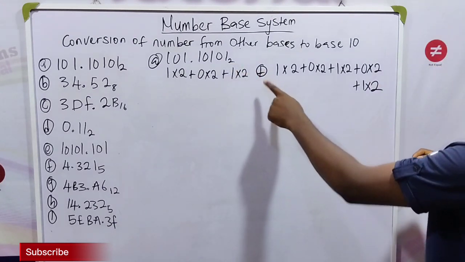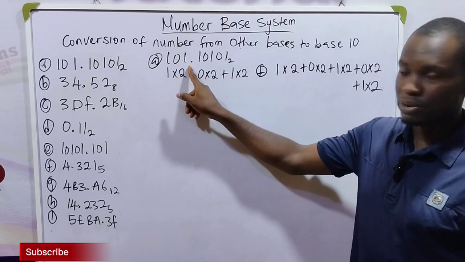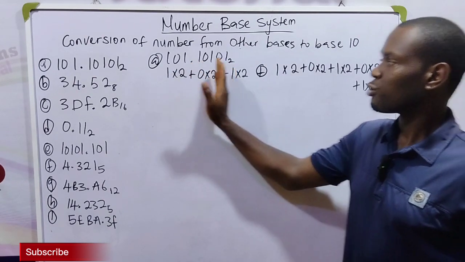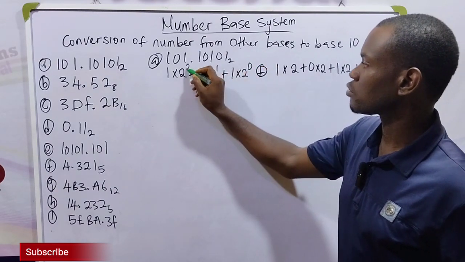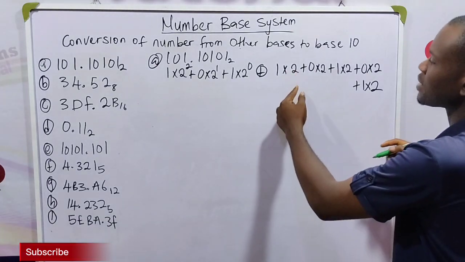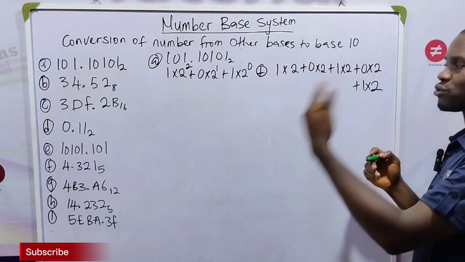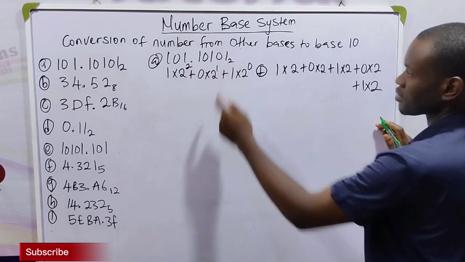Let's assign indices. Whenever you want to assign your indices, you start from the decimal point. Go to the left first. This is 0, 1, and 2. Then continue to this part. But this time around, you are adding -1, -2, -3, because we have moved over to the decimal part.